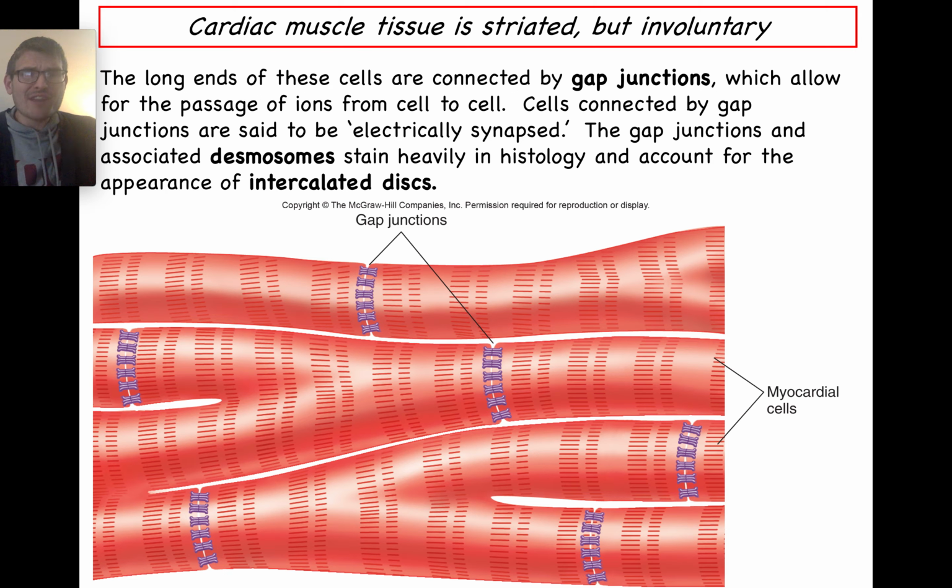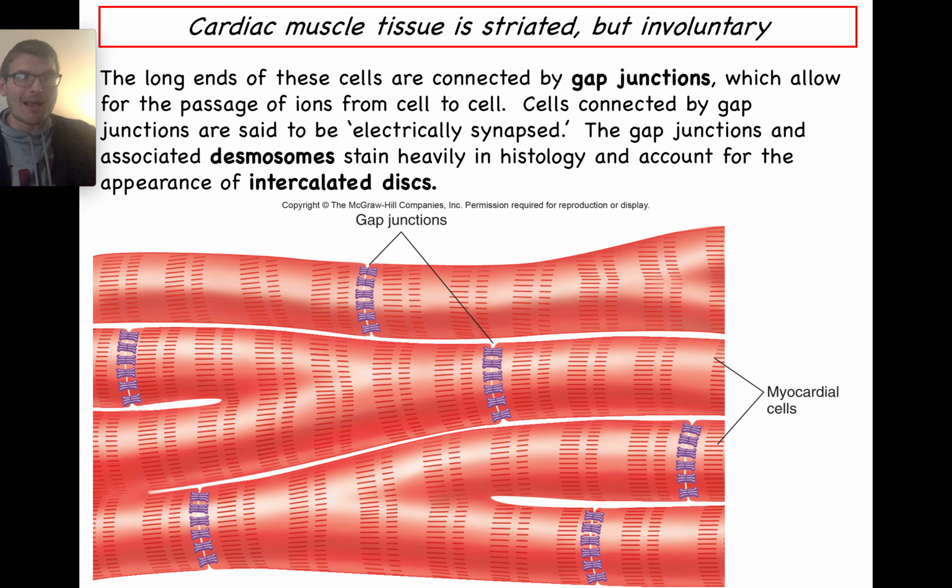But something that is very different here is the presence of those intercalated discs that we've talked about. The intercalated discs mainly contain a type of cell-to-cell junction called a gap junction. Think of a gap junction kind of like a hollow tunnel that joins the sarcoplasm of one cell to the sarcoplasm of another. So what that means is that any materials that can fit into that tunnel can pass from the sarcoplasm of one cell into the next.